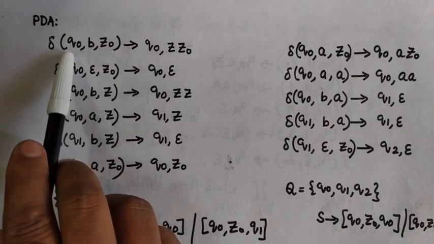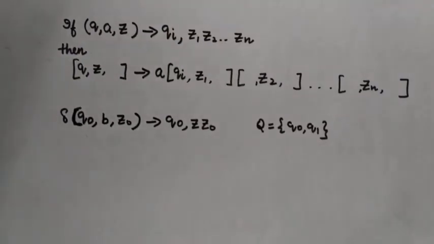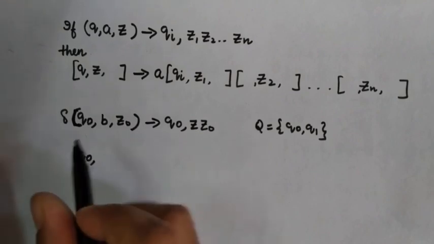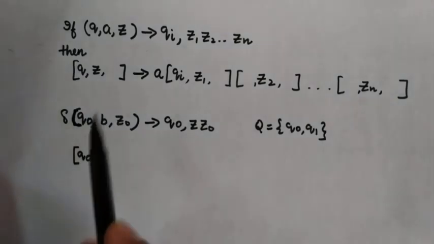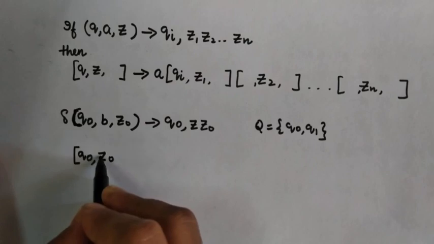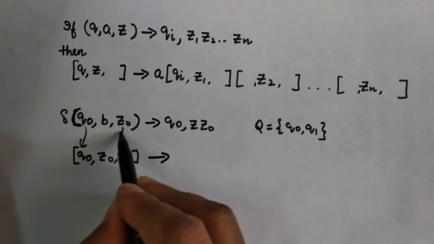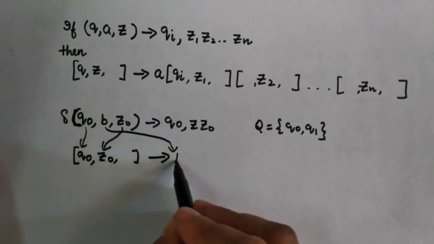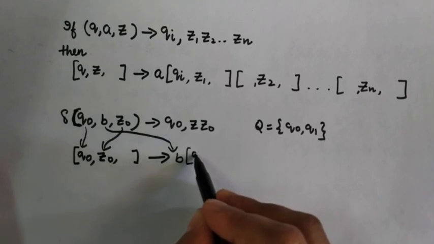So the production rule corresponding to this transition rule will be of the form Q0, this state, here in this case this state, then this stack symbol Z0, this Q0, this Z0 here, then this input symbol B will be written here, and this new state will be written here.